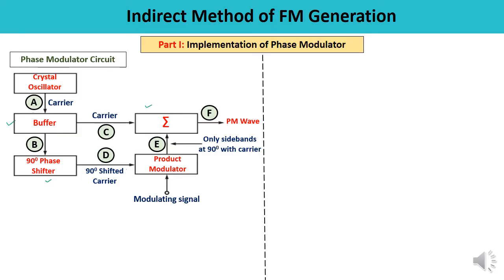The 90-degree phase shifter produces a 90-degree phase shifted carrier which is applied to the product modulator, and one input of the product modulator is the modulating signal, which is x(t).